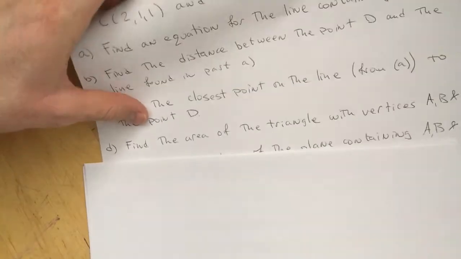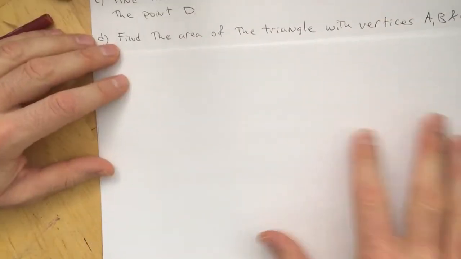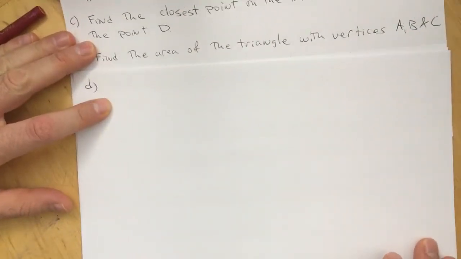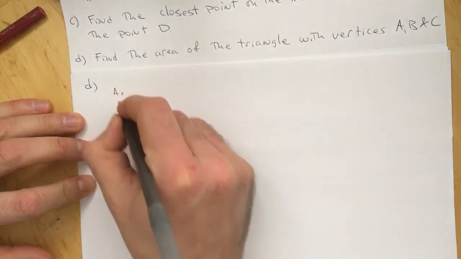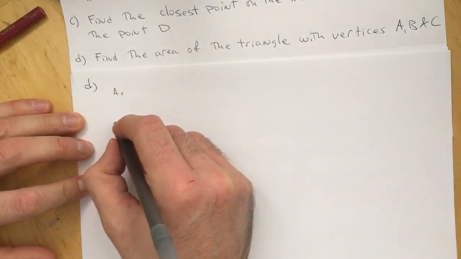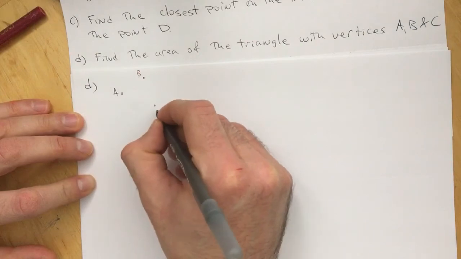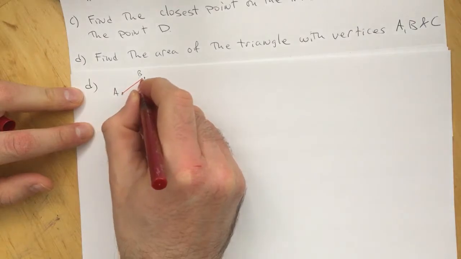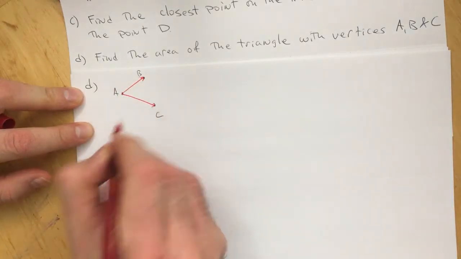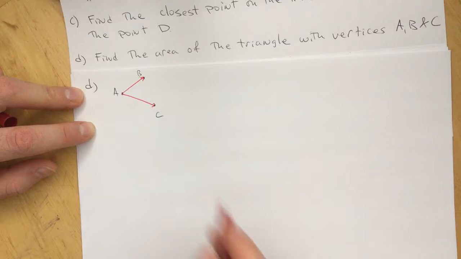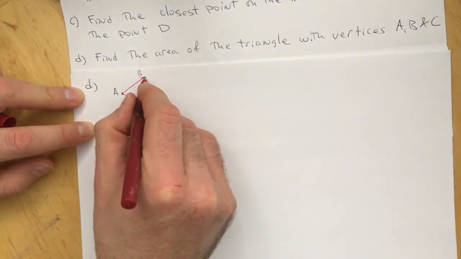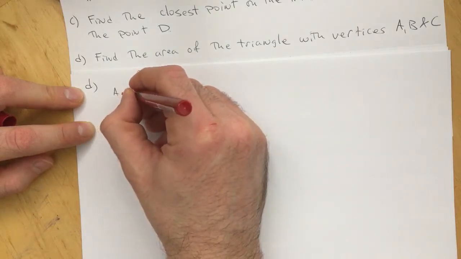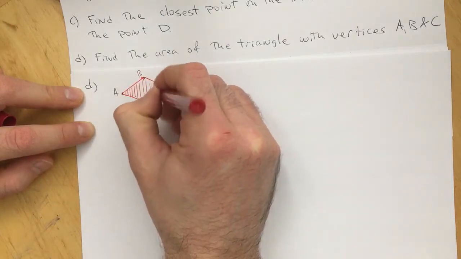Next problem, we have to find the area of the triangle with vertices A, B, and C, so part D. Okay, so we are given A, B, and C here, and what do we know? That if I find the magnitude of the cross product AB and AC, that will give me the area of this parallelogram.